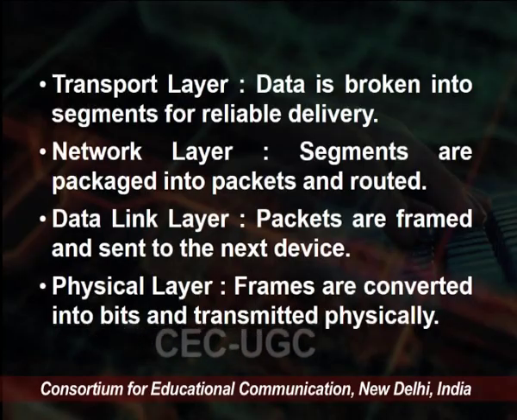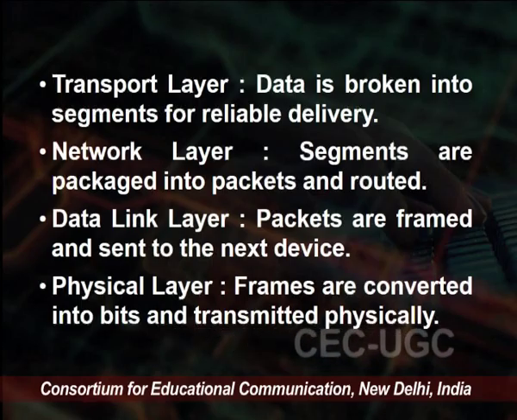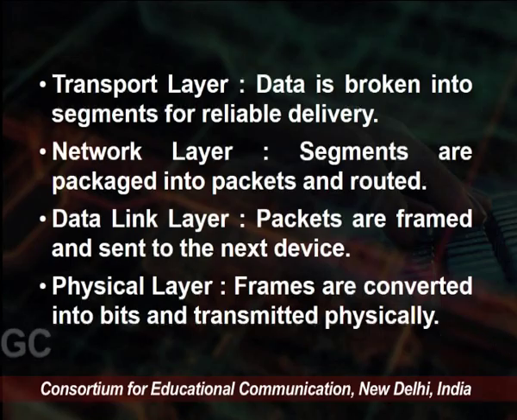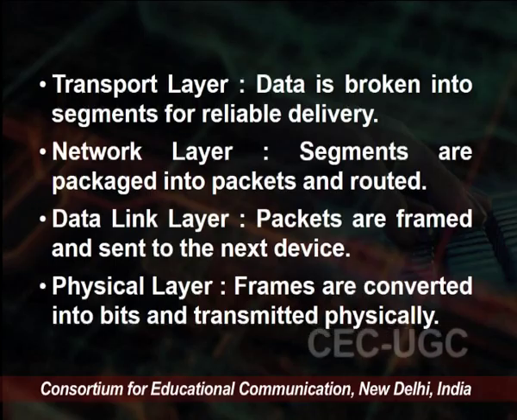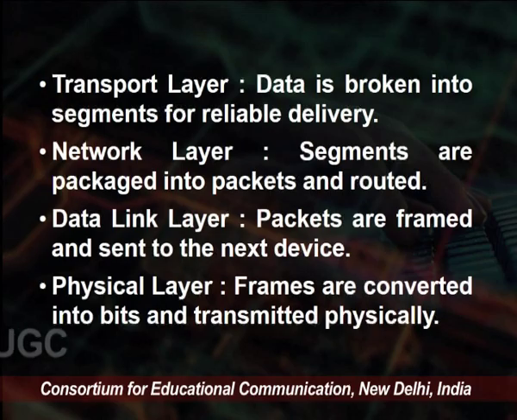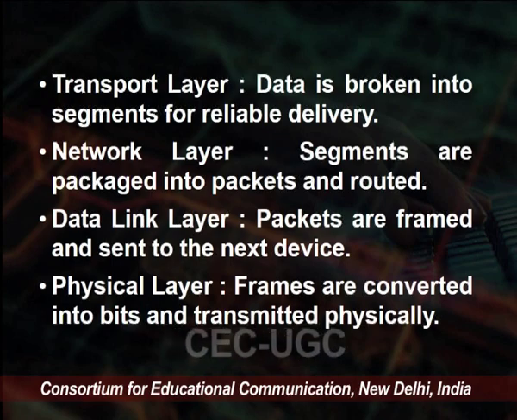Then comes the data link layer, in which packets are framed and data is sent on to the next device. So, from segments to packets and from packets to frames, and then at the final, bottommost layer, the physical layer, the frames are converted into bits and then transmitted physically.